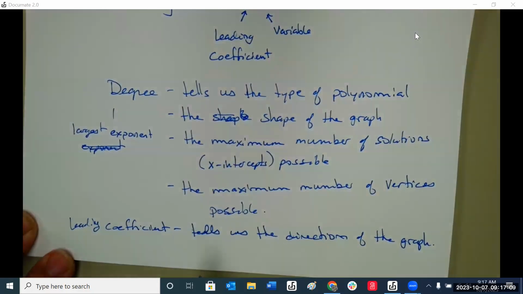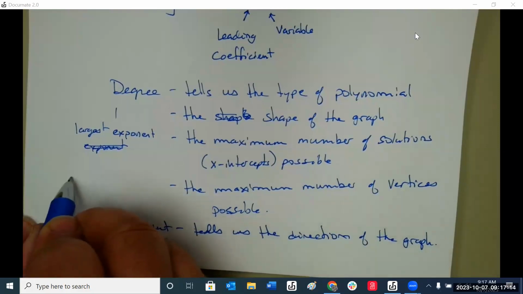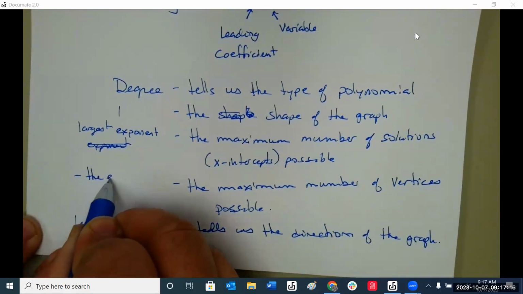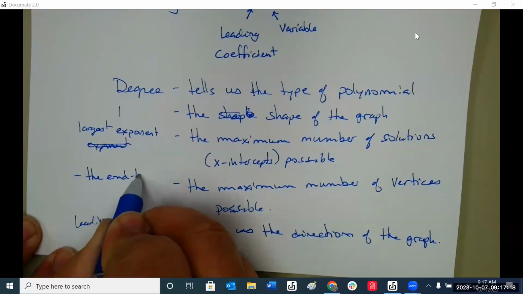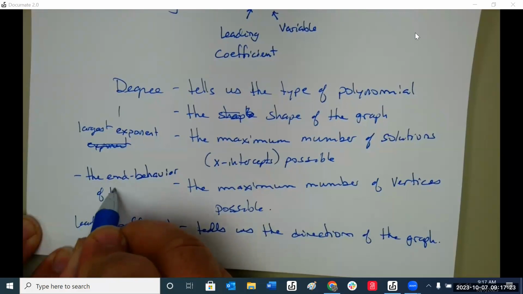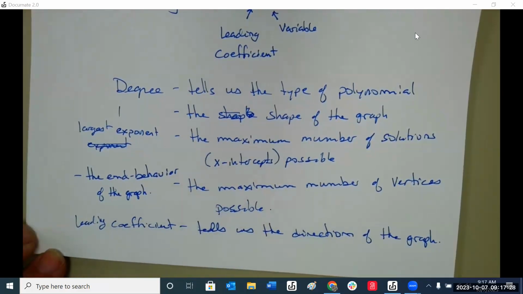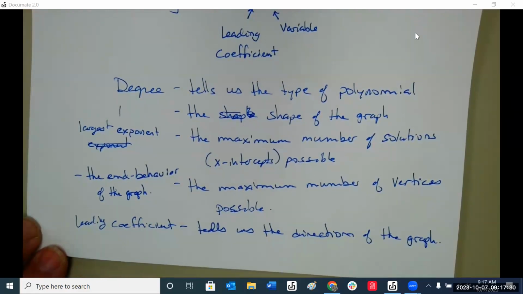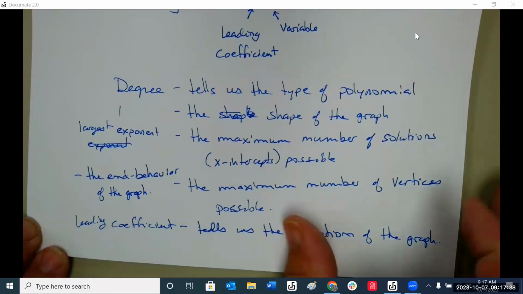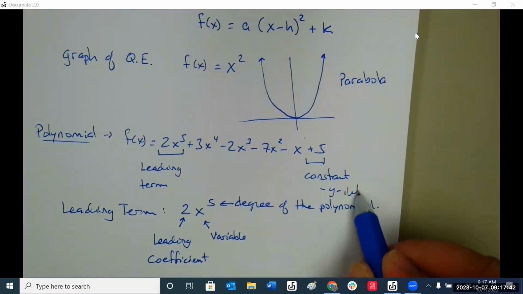Oh, also another thing, the degree also tells us what's called the end behavior of the graph. And the constant tells us the y-intercept. That's all it tells us.